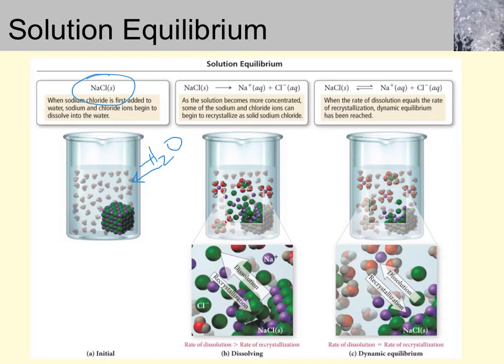To me, they look like a Mickey Mouse head with ears. The little ears are the hydrogen atoms, and the red sphere in the middle is oxygen. And this represents sodium chloride. When you first introduce sodium chloride to water, it can only go in one direction. The sodium chloride is dissolving.